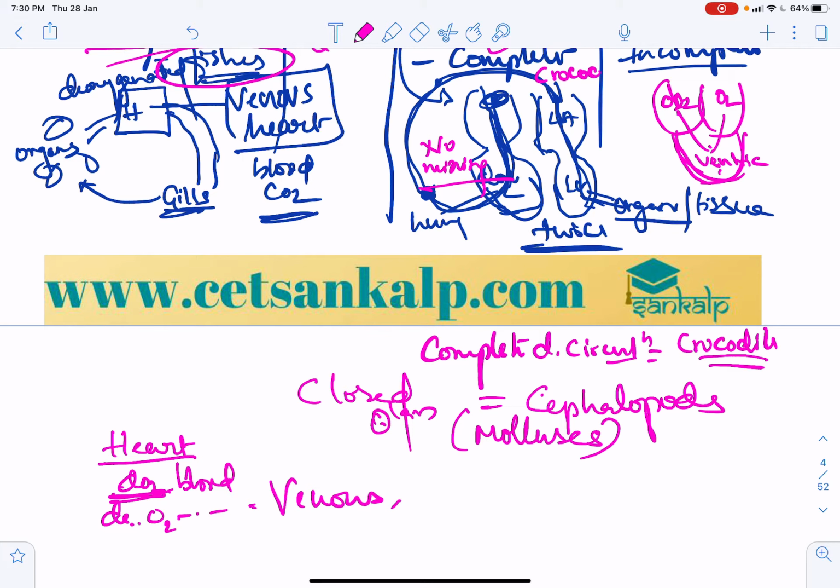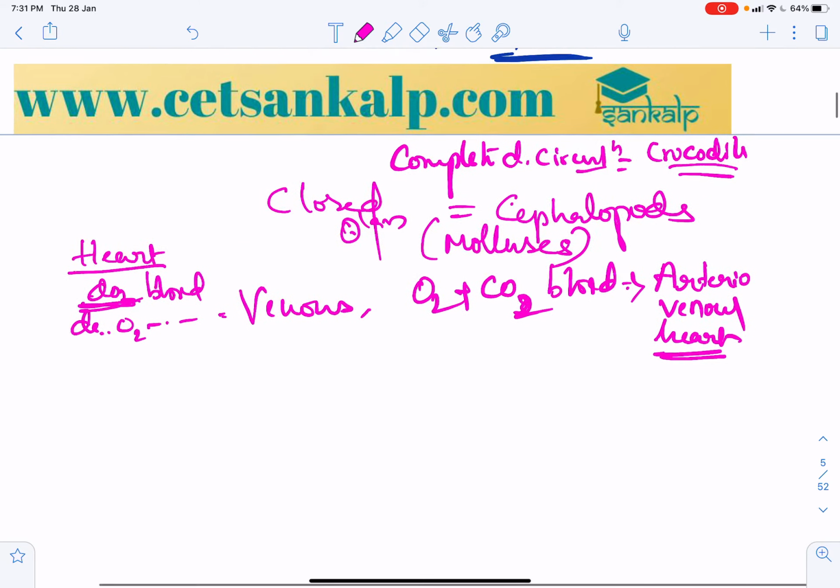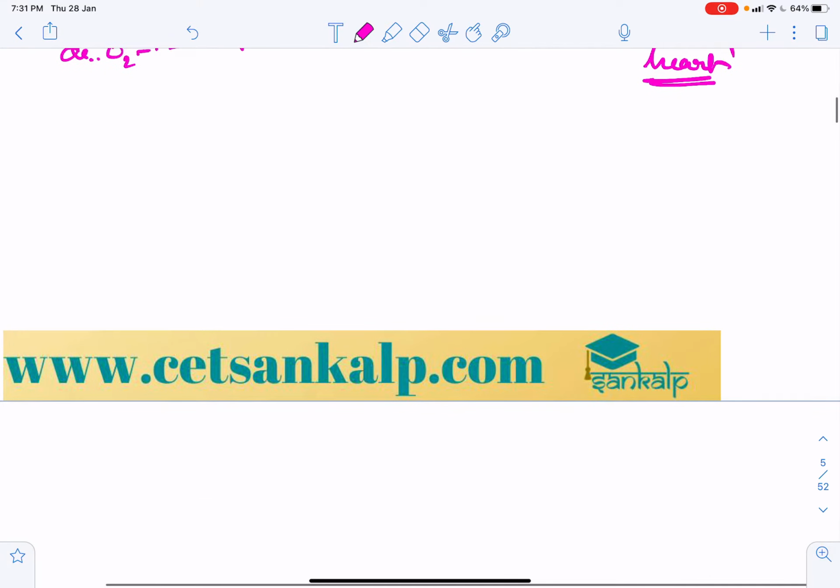If it receives both oxygenated and deoxygenated blood, then such a type of heart is called an arteriovenous heart, right? Arteriovenous heart.